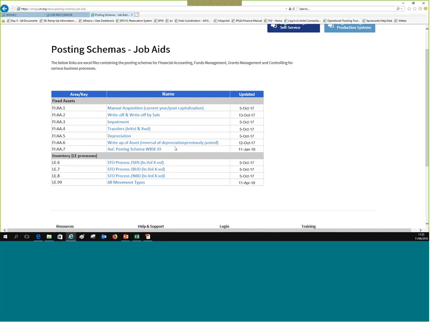For fixed asset, we will review it the following days. For inventory, you have STO processes, very interesting for you, and we have LE99, Logistics Execution 99, which has all movement types. This is like gold for you guys because it has all the postings based on that inventory managers can trigger based on the movement types.